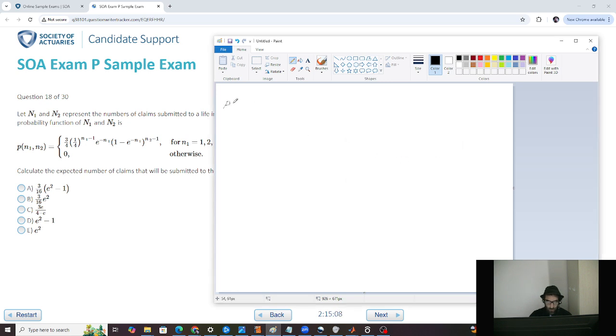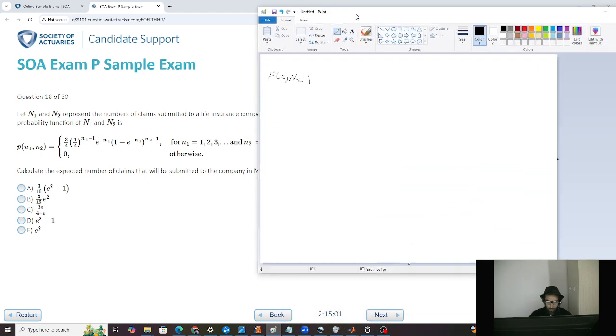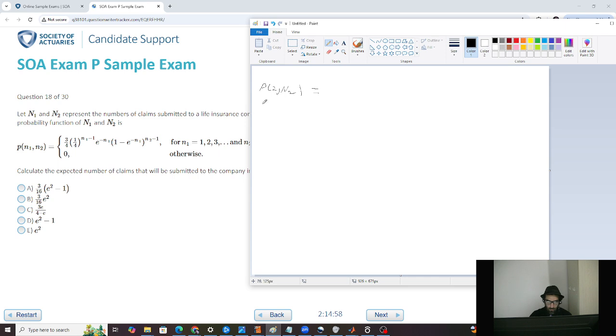So we're saying probability of 2, comma, N2, because we said N1 equals 2, is going to equal 3/4 times 1/4 to the 1, which is 3/16, times e to the negative 2, times 1 minus e to the negative 2, to the n2 minus 1.